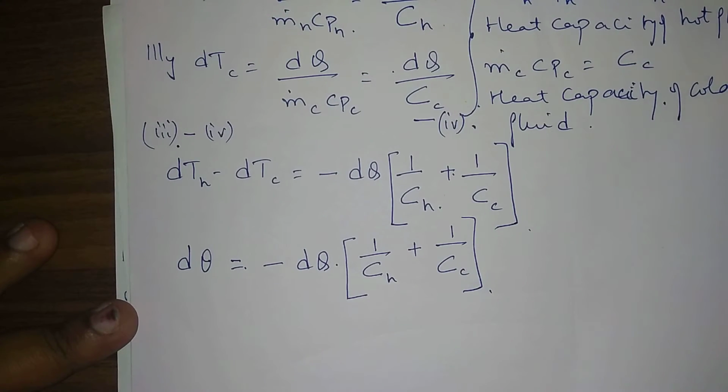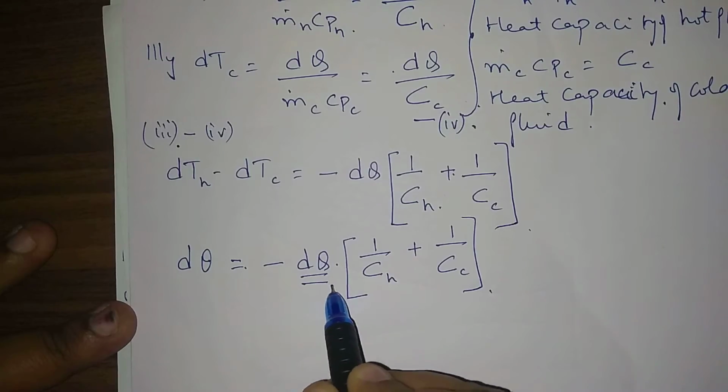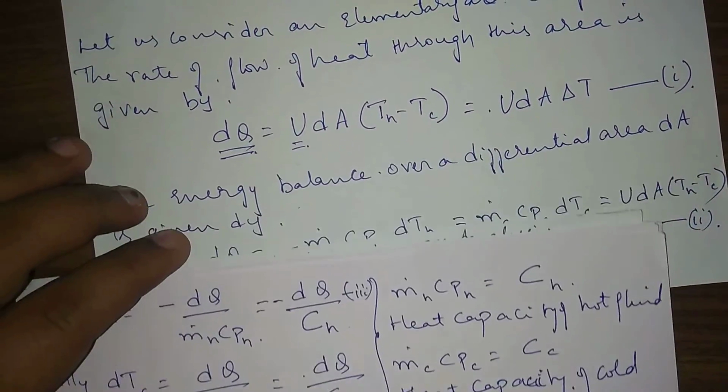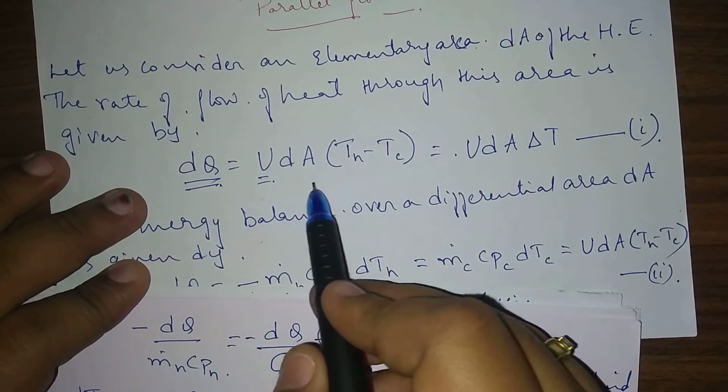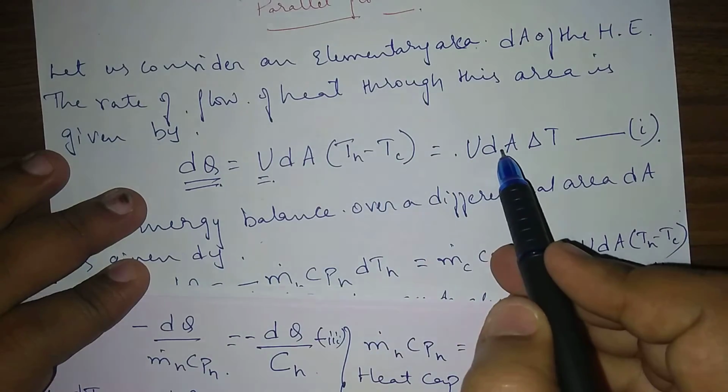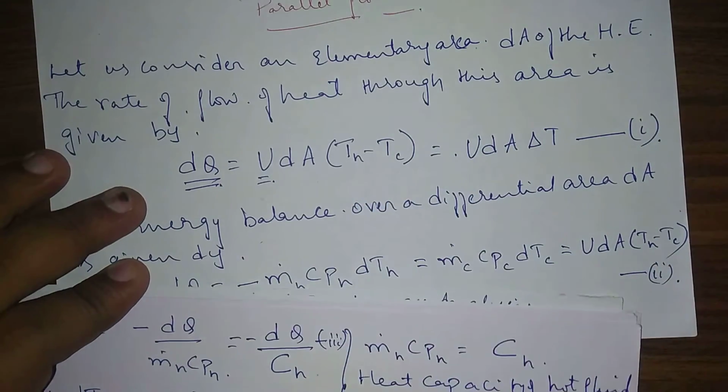Now what is dq? Let me take you to the basic definition, equation 1. Please refer to equation 1. dq is U dA delta T, or Th minus Tc.